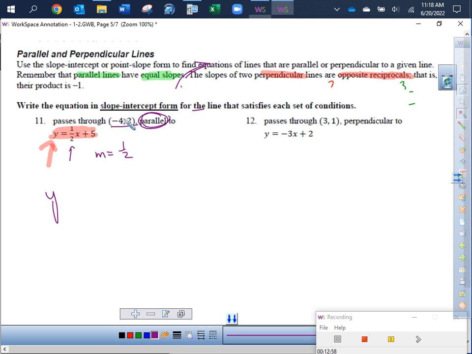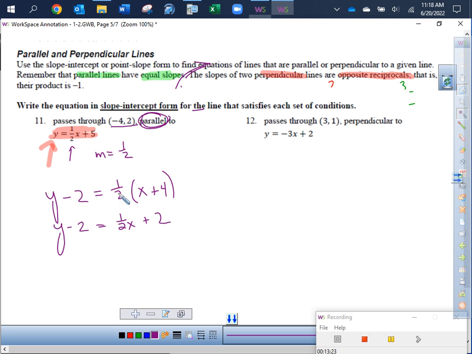So I will use this point and this slope to do point-slope form. So y minus 2 equals my slope of 1/2 times x minus negative 4. That became a plus. Distributive time. 1/2 times x, 1/2 x. And 1/2 of 4, that's 2.